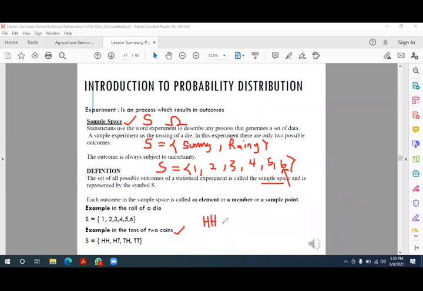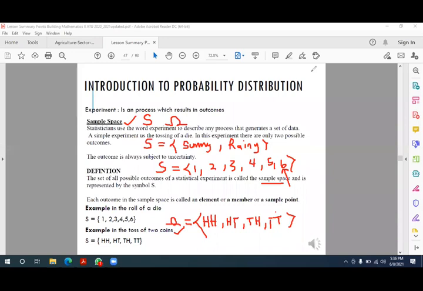The first might be a head, the second a tail, the first a tail, the second a head, and the first a tail and the second also a tail. So that forms our set omega or capital S. Very good. That is what we said in class last week.